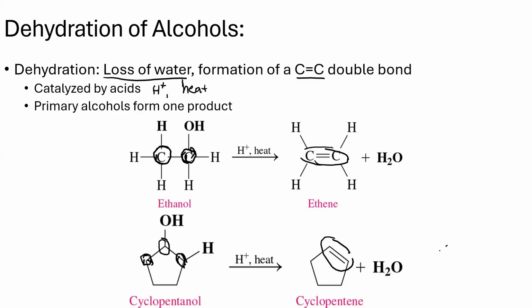Now we could have formed cyclopentene in the shape of this, but these two are equivalent structures, meaning they're the exact same.